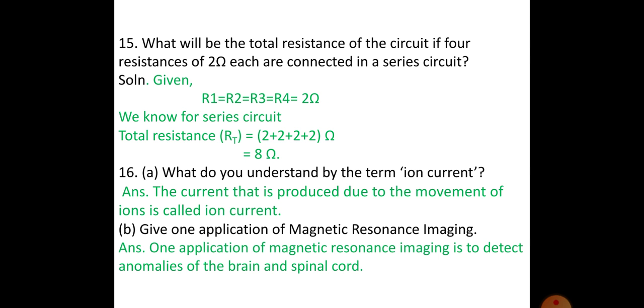So R1 = R2 = R3 = R4 = 2 ohm. The total resistance of a series circuit is the summation of all the resistances, that is 2 + 2 + 2 + 2 ohm, that will be 8 ohm. Ohm is the unit of resistance.